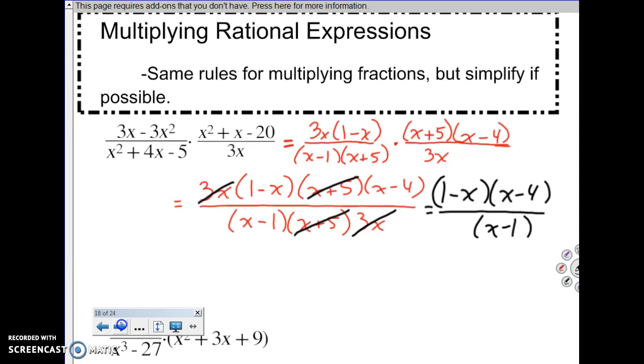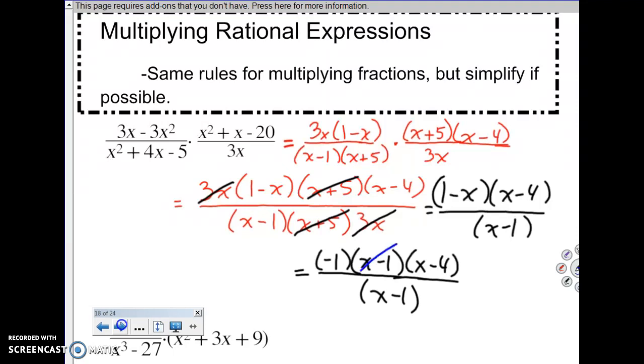But wait, there's more. 1 minus x and x minus 1 look strangely familiar. So what I can do is actually factor out a negative 1. Because if I pull out a negative 1 out of that x minus 1, if I multiply that negative 1 back into x minus 1, I'm left back with 1 minus x.